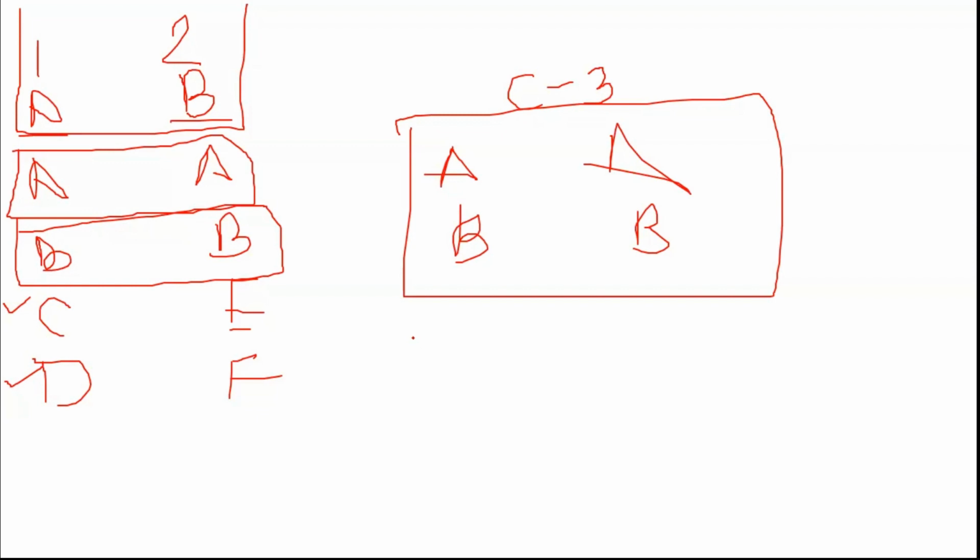Let's take more examples of it also. Suppose you have two tables. One table has the customer ID and the first name, FN.